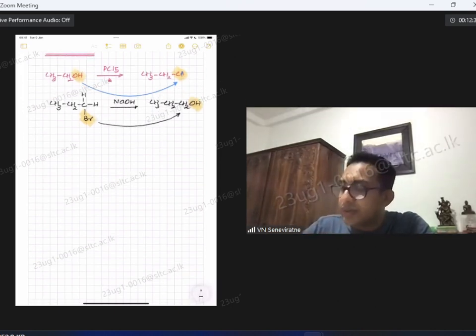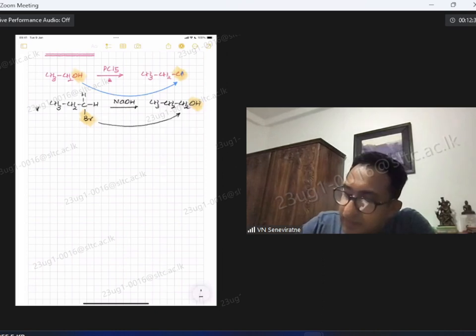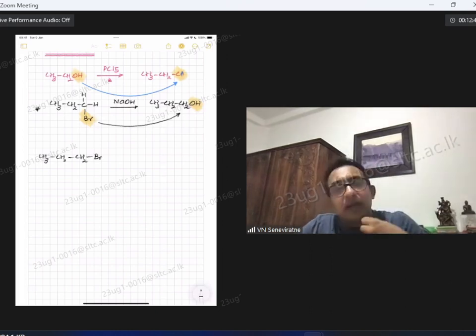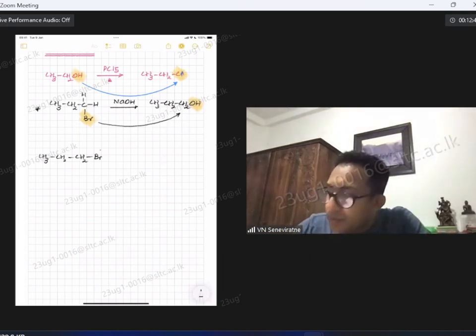So how do you work this reaction? If you look at CH3CH2CH2Br, Br likes electrons more, so it withdraws electrons towards itself.